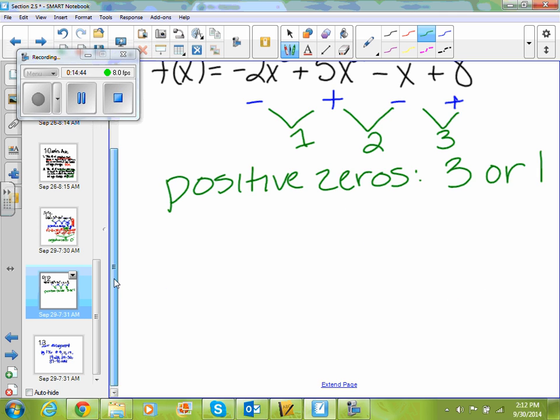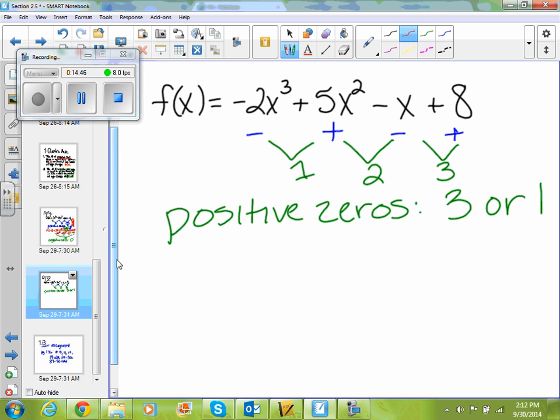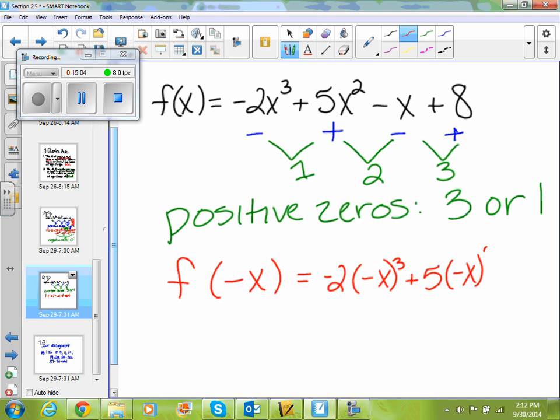So then if I go to figure out my negative zeros, I have to find f of negative x. To find f of negative x, I plug in a negative x, so I get negative 2 times negative x cubed plus 5 times negative x squared minus a negative x plus 8.